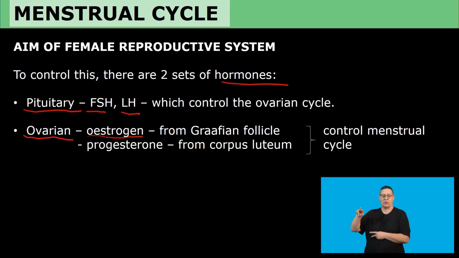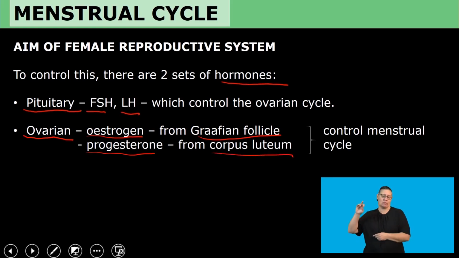Estrogen, please check the spelling. Learners always have a problem of swapping the first E and O. Estrogen, which is produced by the Graafian follicle in the ovaries, and progesterone, which is produced by the corpus luteum in the ovary.